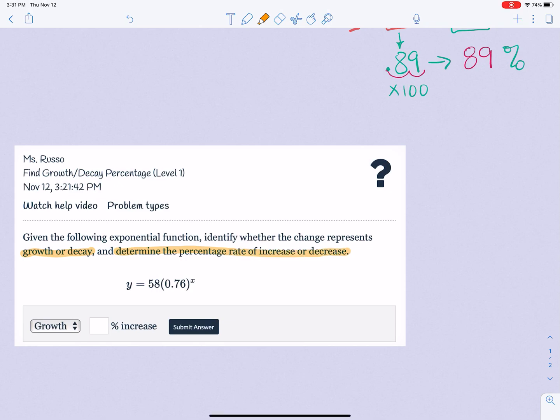Okay, notice I have y equals 58 times 0.76 to the x. Now, let's go ahead and take a look at this number right here. 0.76. Is this greater than 1 or less than 1? 0.76, which is 76 hundredths, that is going to be smaller than 1. It is smaller than 1.